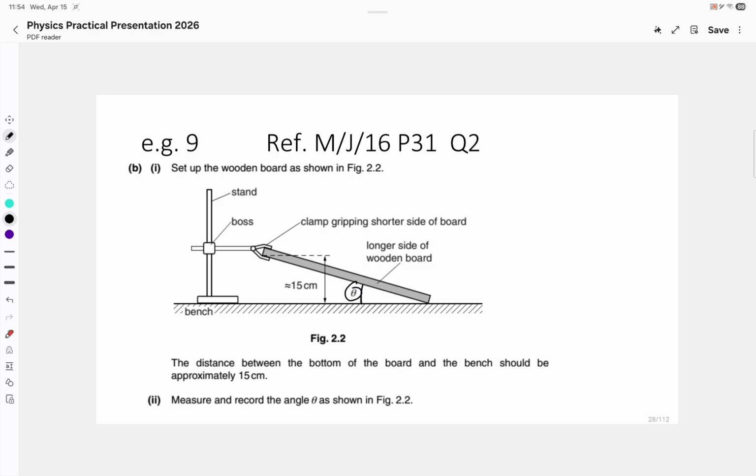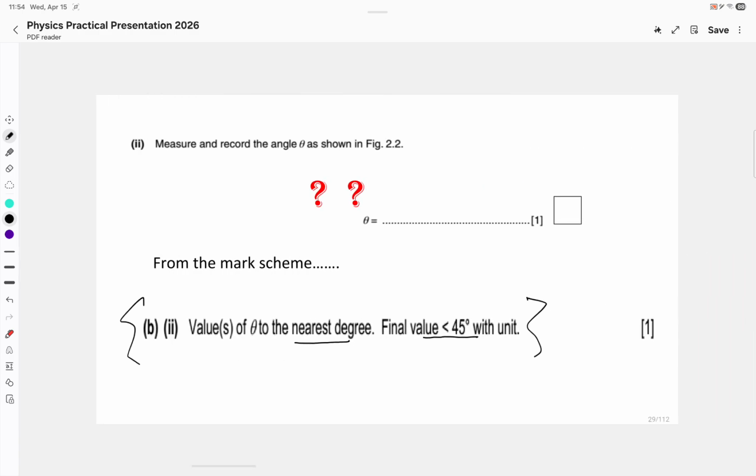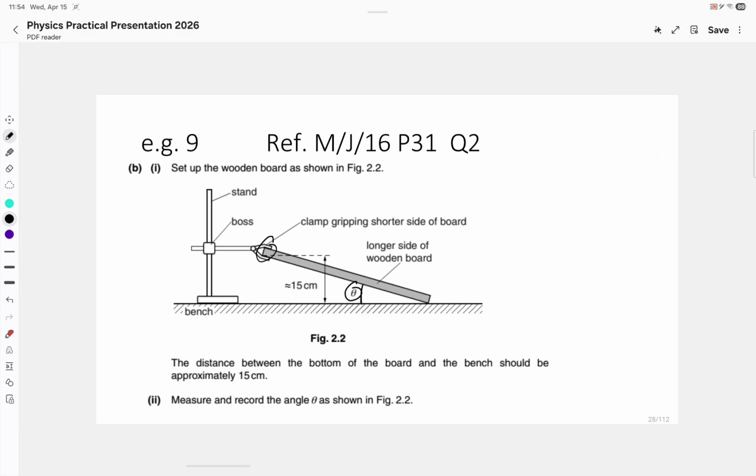No, obviously it's clamped. So apparently the average working is not that important. The thing which is important is the nearest degree value and the trend of the answer, which is supposed to be less than 45. This is just an example I am quoting from a past paper question. So remember all these things when you are dealing with an angle.